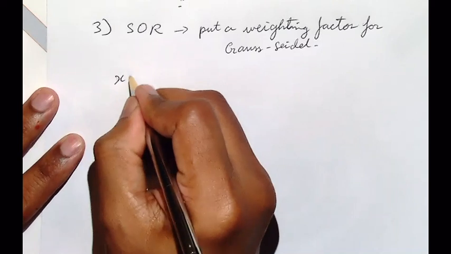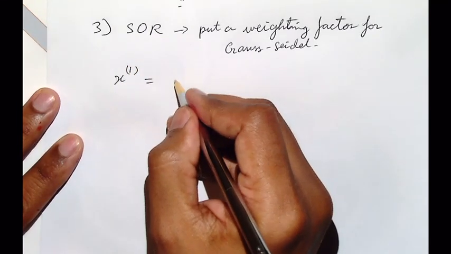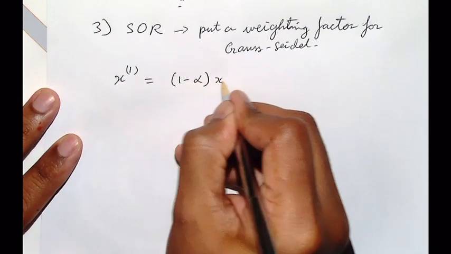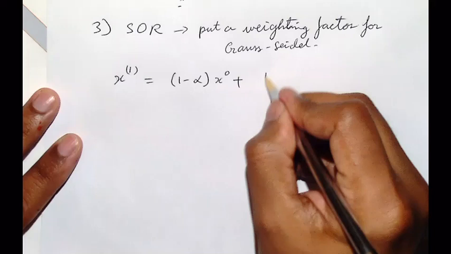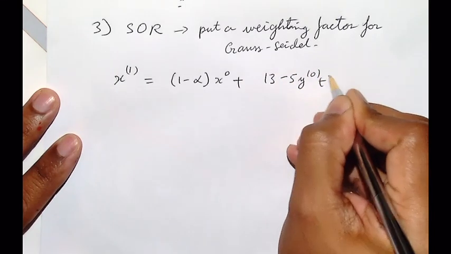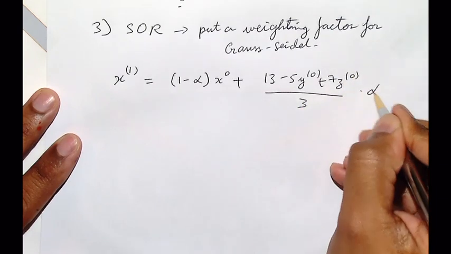So if we say we want x1, we would say it's 1 minus alpha of x0 plus this update, 13 minus 5y0 plus 7z0 over 3, times alpha. Okay?